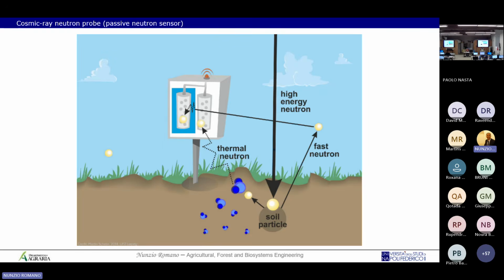And the detector, the equipment, reads in a certain way the thermalized neutrons, but also the fast neutrons that still reach the equipment because they directly hit the soil particles. From this difference between the fast and the slow neutrons, we have information on the average soil moisture over an area of tens of hectares.